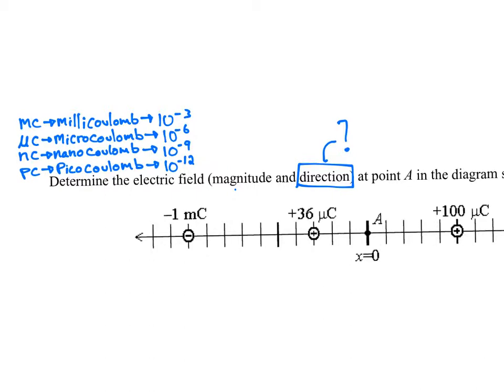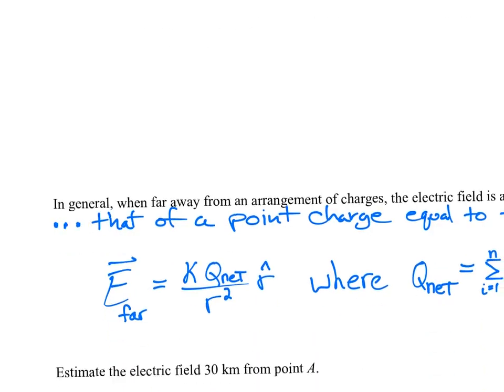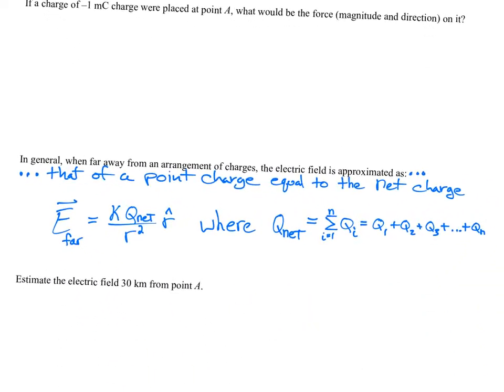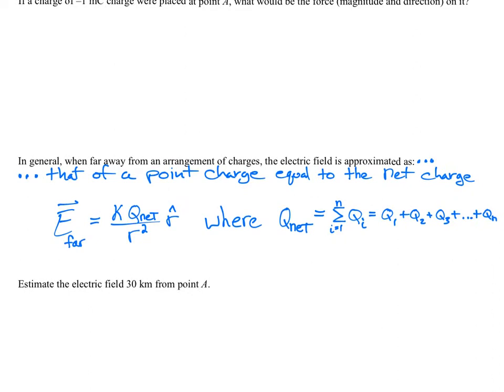Okay, moving on. There's only one other thing we're going to fill in on this page, and it is down here. When you are far away from a group of charges, then we approximate the electric field as that of a point charge equal to the net charge of that charge arrangement. So when you are far away, the electric field is k Q net over r squared.